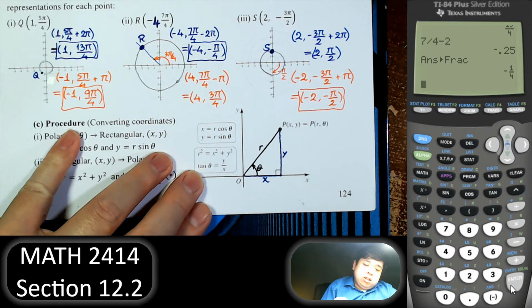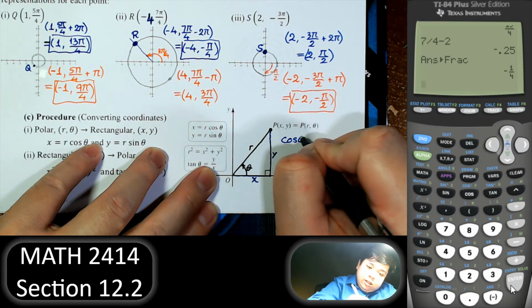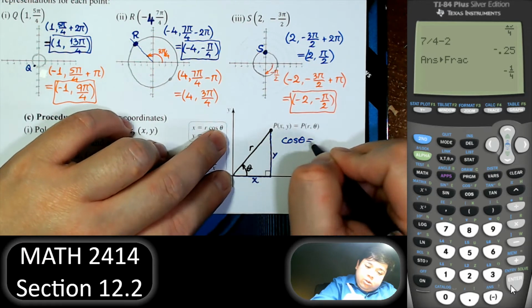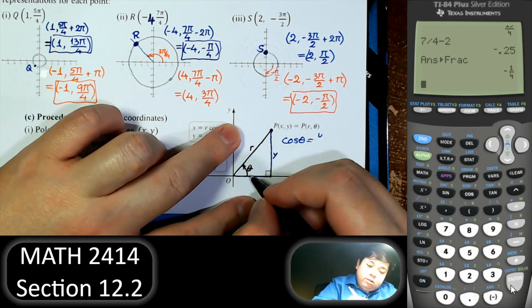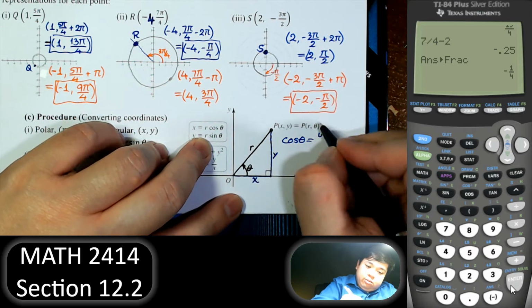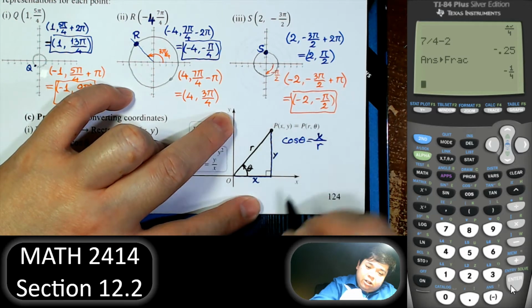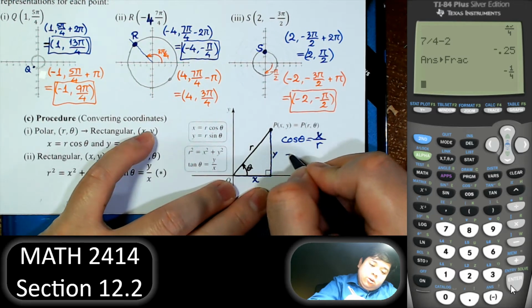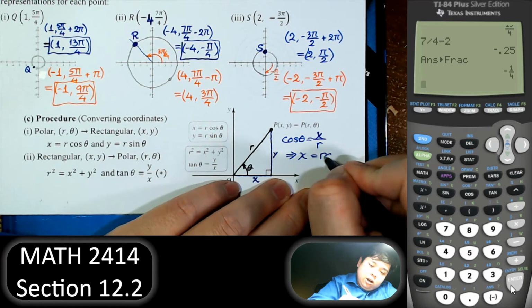So obviously we have the definition of the trig functions. Cosine of theta is adjacent over hypotenuse, x over r. So x, multiplying r on both sides, is r cosine theta.